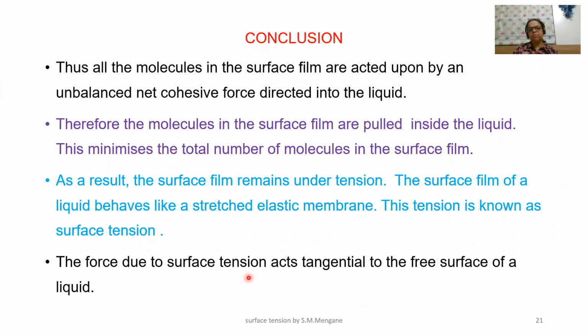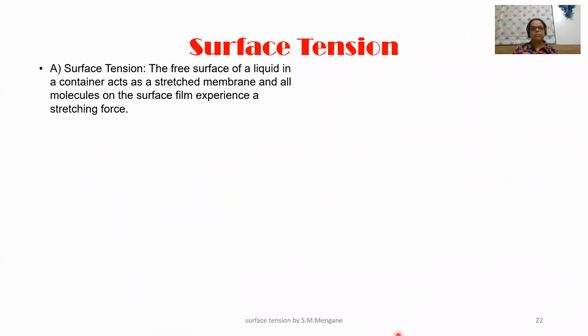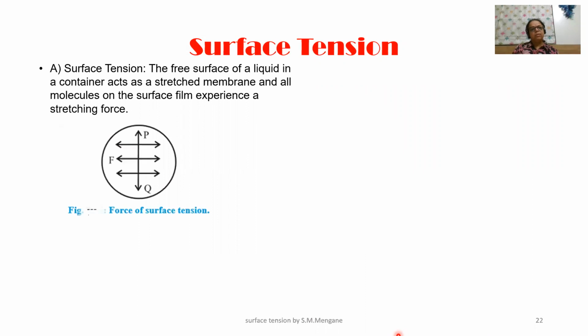The force due to surface tension acts tangential to the free surface of a liquid. Surface tension: the free surface of a liquid in a container acts as a stretched membrane, and all the molecules on the surface film experience a stretching force.